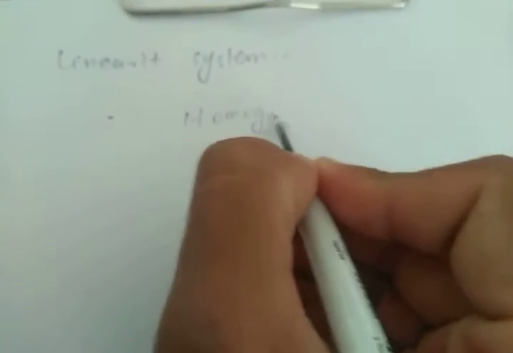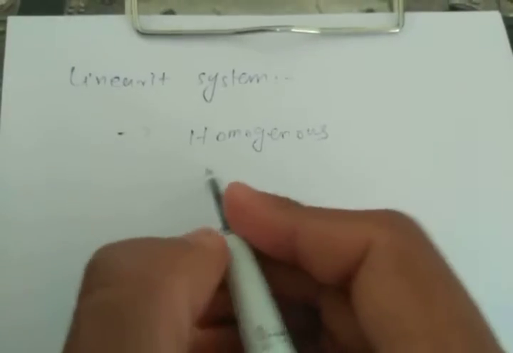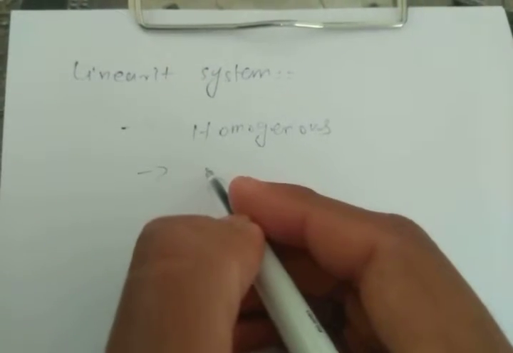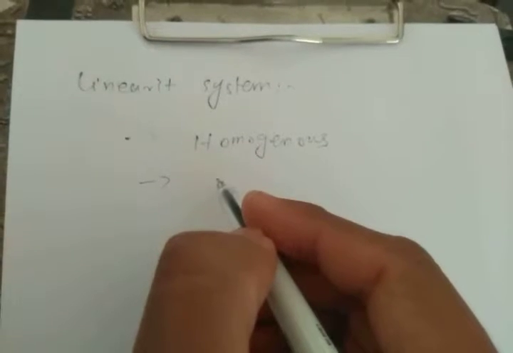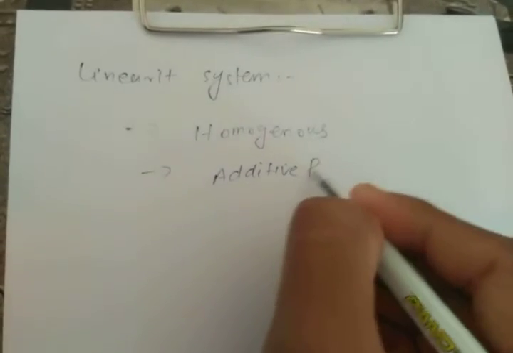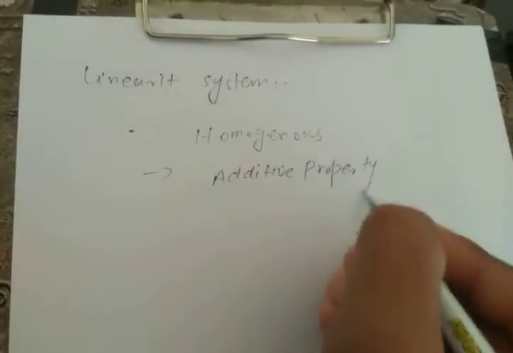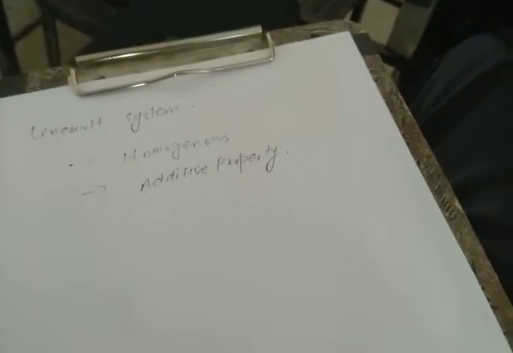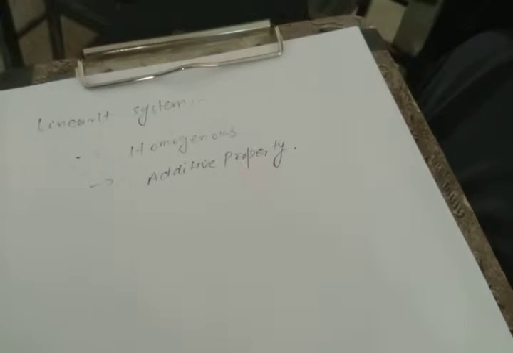First of all, the system must be homogeneous, and second, it must follow the additive property. As we discussed, a linear system is a system which follows the homogeneous and additive properties. These two properties are also called the principle of superposition.